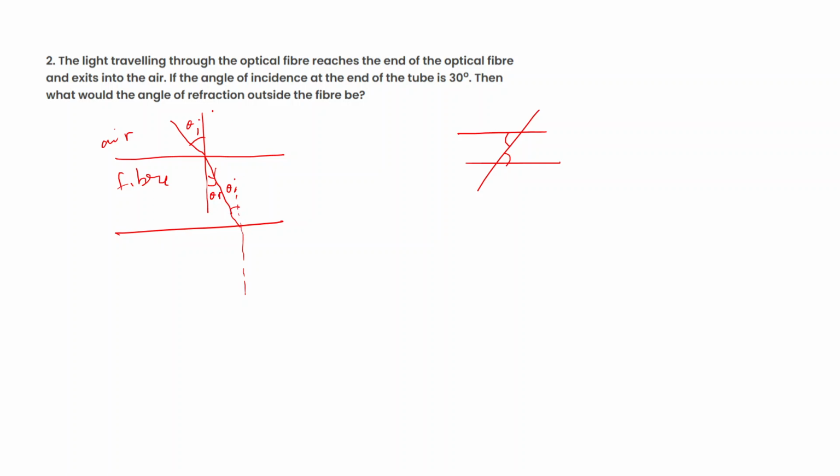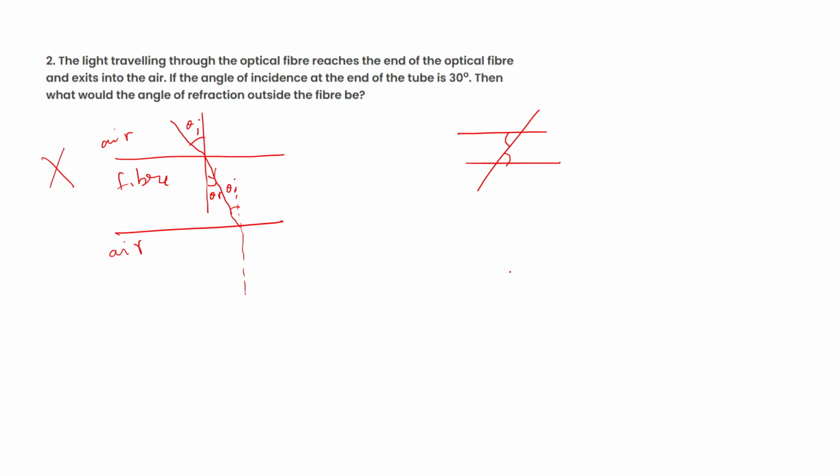And now the question is, when it exits into the air medium again, after passing through this optical fiber medium, if the angle of incidence at the end of the tube is 30 degree, okay, so maybe here it's not the continuation of the previous, otherwise we would take the same angle.